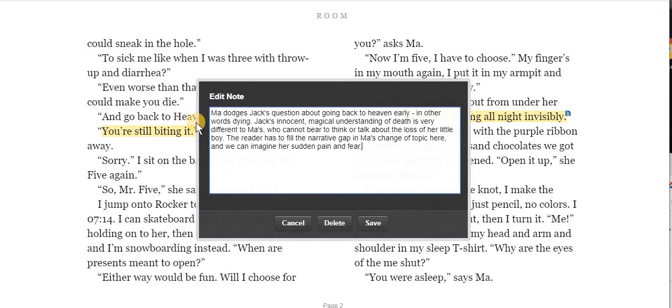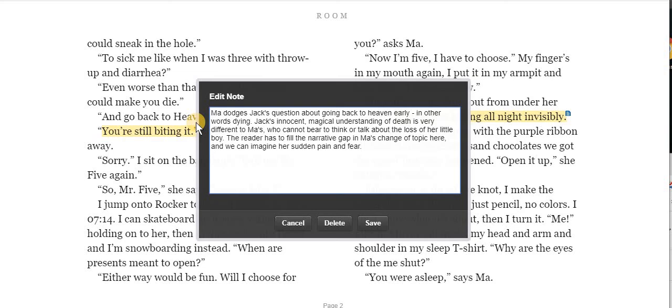So what I've written here is this. Ma dodges Jack's question about going back to heaven early. In other words, dying. Jack's innocent, magical understanding of death is very different to Ma's. Ma cannot bear to think or talk about the loss of her little boy.